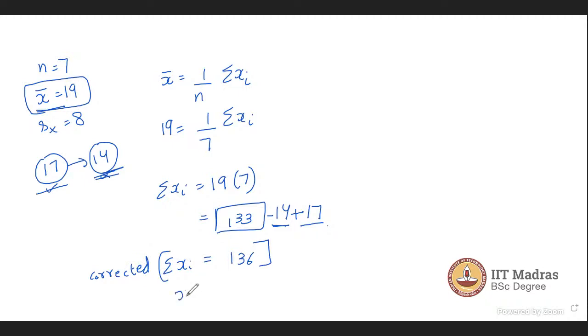My corrected mean is 136 divided by 7, which is 19.43. This is my new mean.